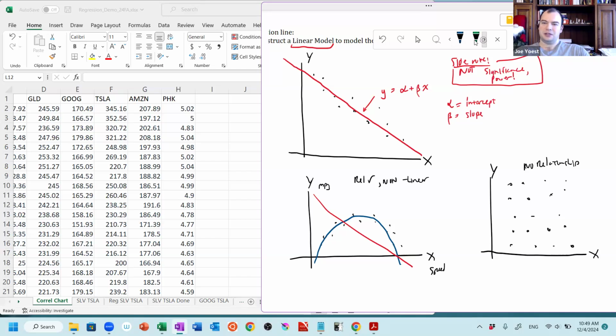What do I mean when I say that there's a relationship? What I mean is that if I tell you what X is, if I say X is in this interval, does that constrain your guesses for Y, right? If I don't tell you anything about X, your guess for Y is somewhere in that interval.